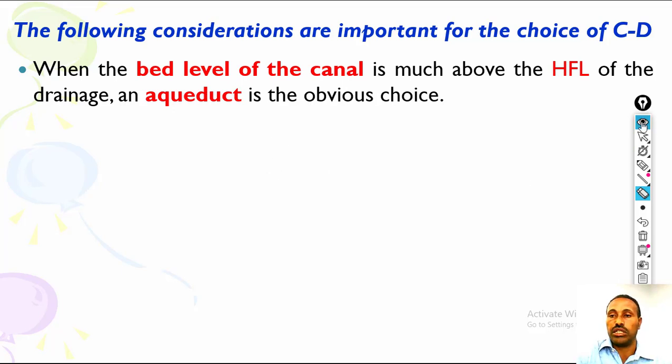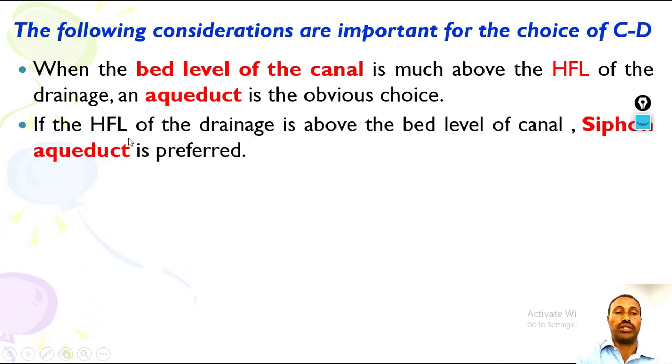And if the HFL of the drainage is more than the bed level of the canal, then a siphon aqueduct will be the best choice.